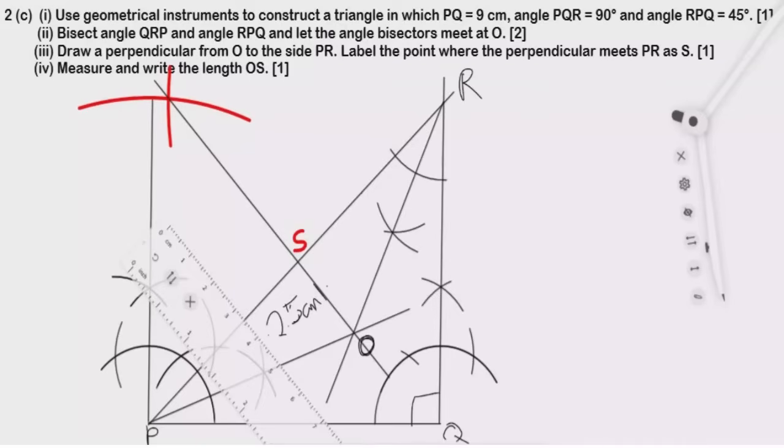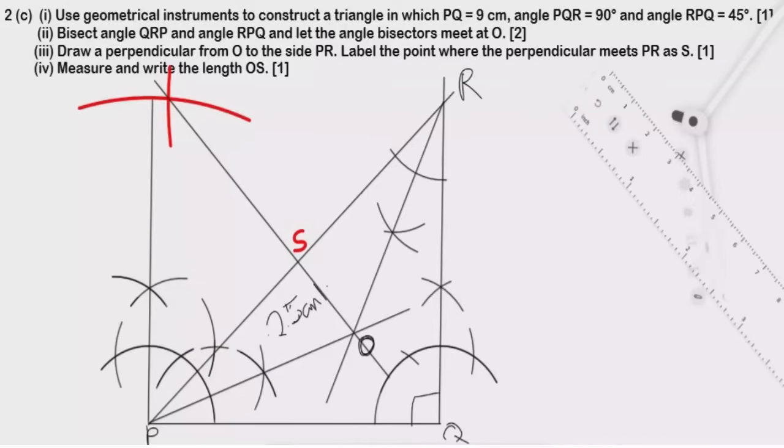Basically that's how you go about it, and this is the kind of diagram the examiners wanted. So please make sure you have followed all the steps I did. This is how you do it.